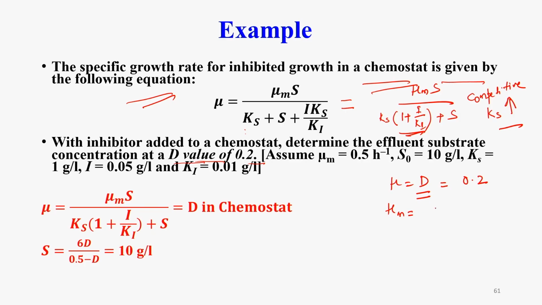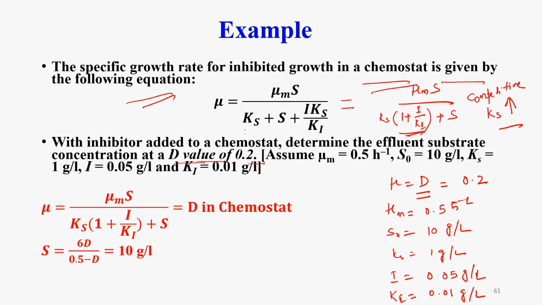Mu m is 0.5 per hour, S naught is 10 gram per liter, Ks is 1 gram per liter, I is 0.05 gram per liter, and Ki is 0.01 gram per liter. Now, what do we have to calculate? S naught is given. We need to find the value of S which is going out.